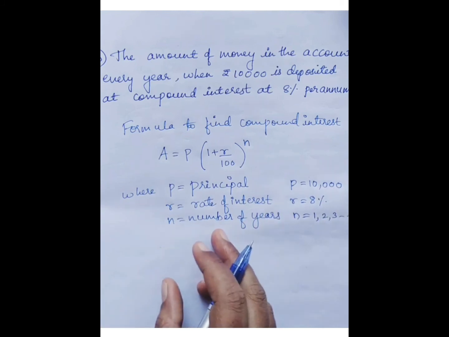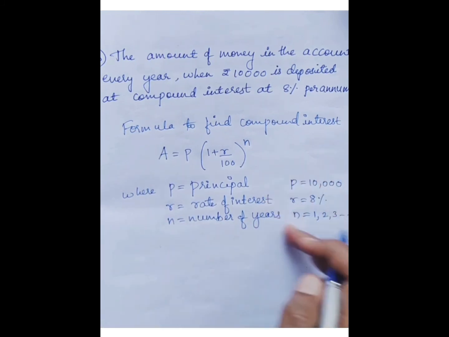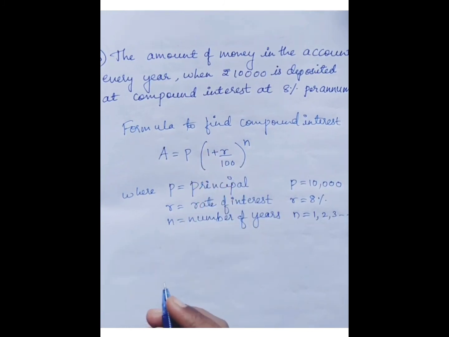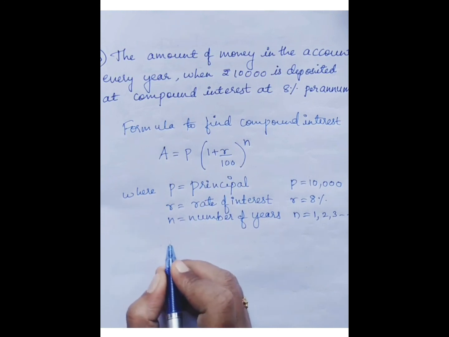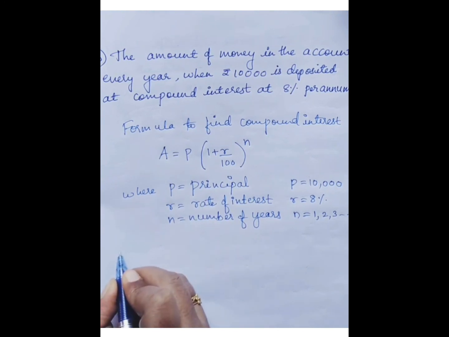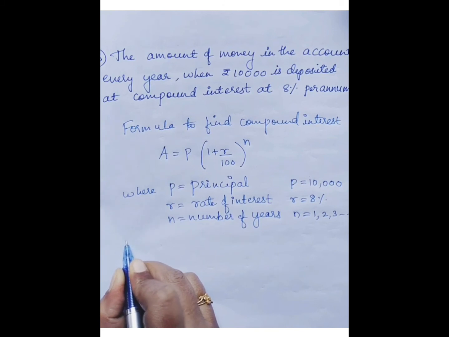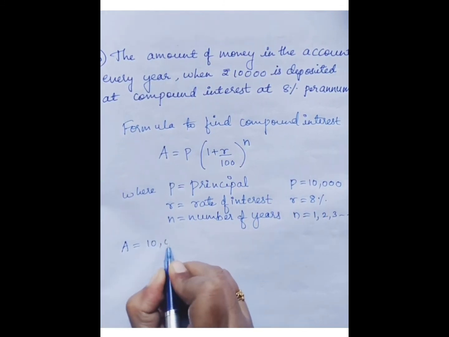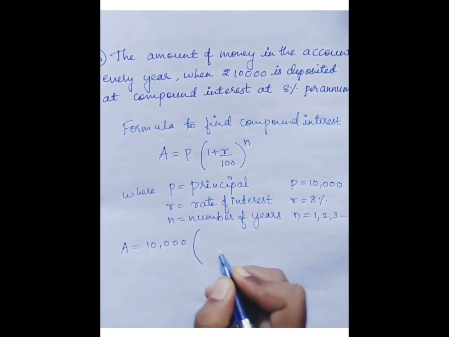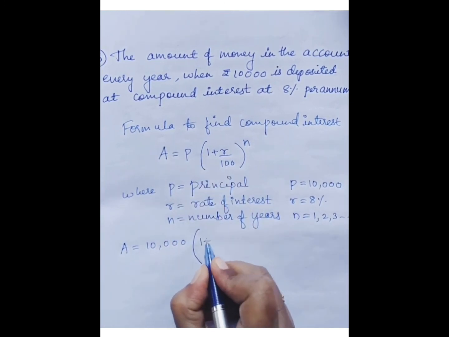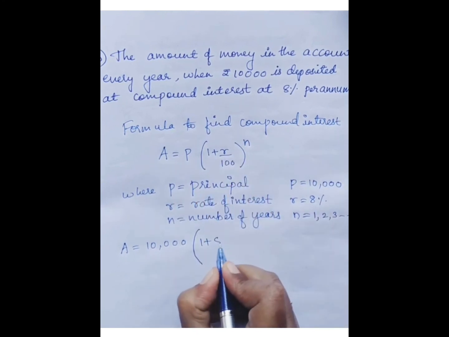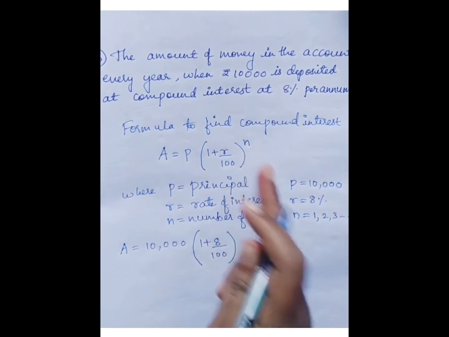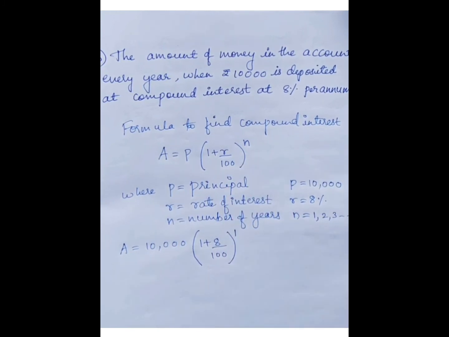Now the next step is to substitute these values in the compound interest formula. So I am going to write A is equal to P, that is 10,000, inside the bracket 1 as it is plus R, that is 8, by 100 raised to N. For the first year I am taking it as 1.